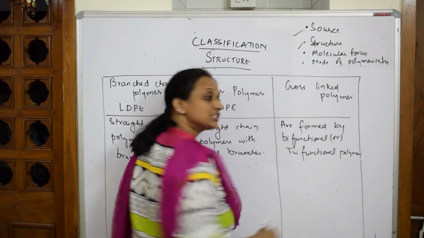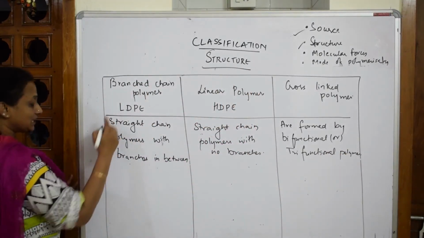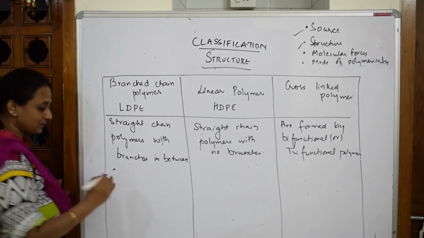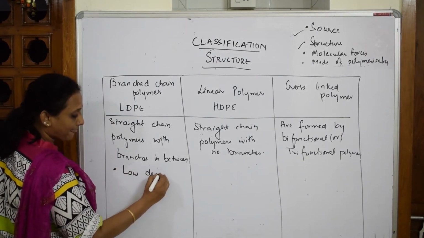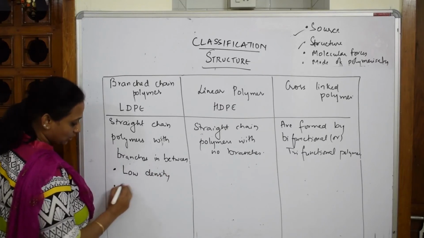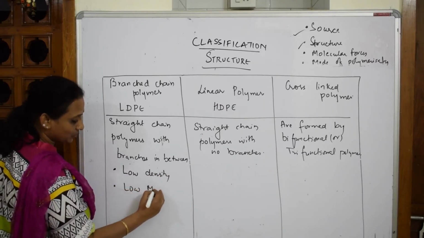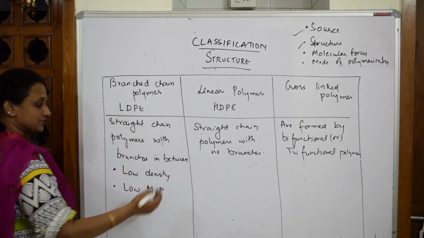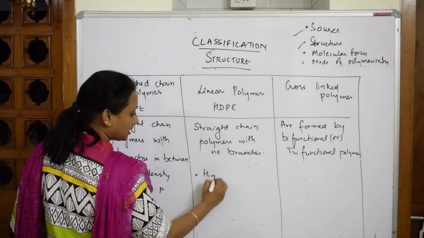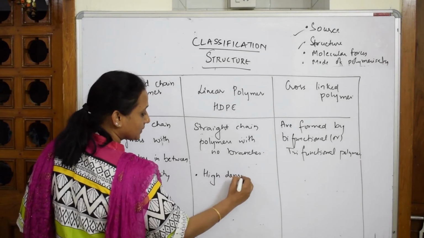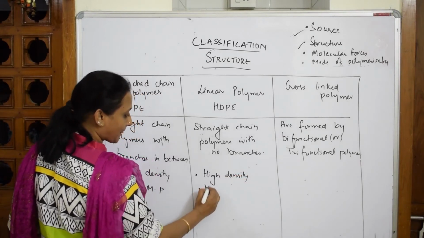Now for the properties: whenever you write LDPE, you have to write about low density and low melting point. Opposite, H stands for high density and high melting point.